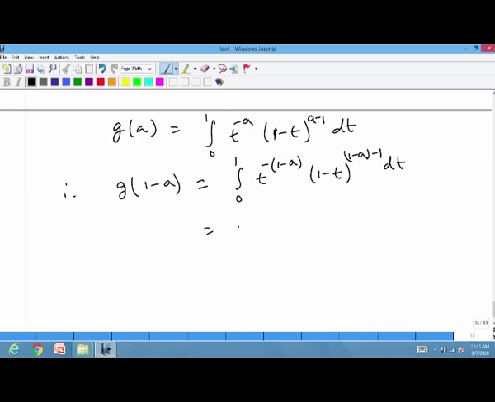So, this is equal to the integral from 0 to 1 of t to the power a minus 1 and (1 minus t) to the power minus a, dt.